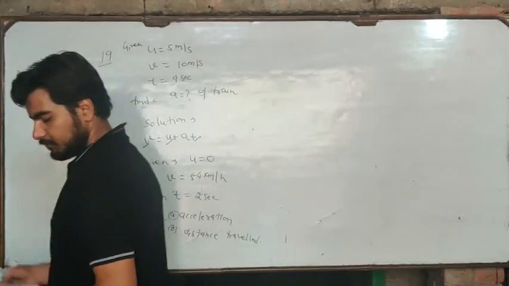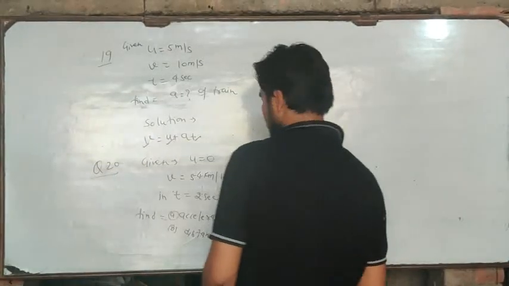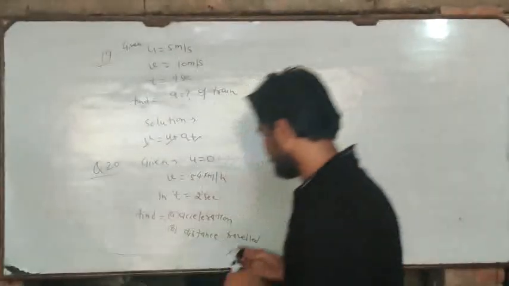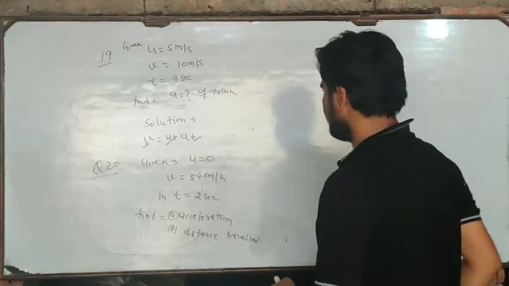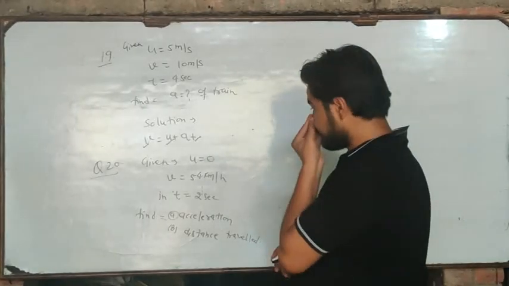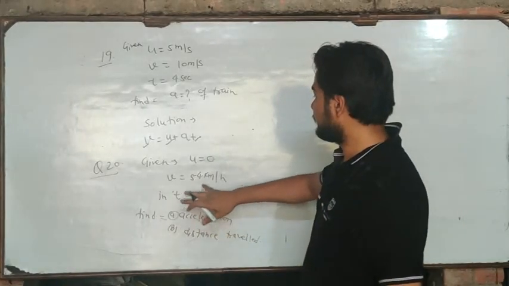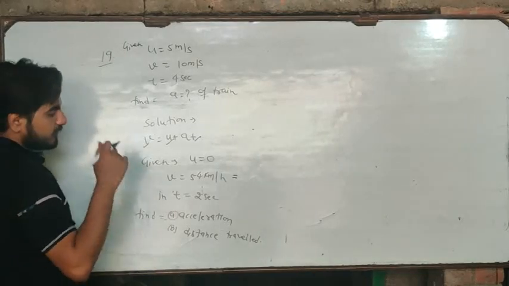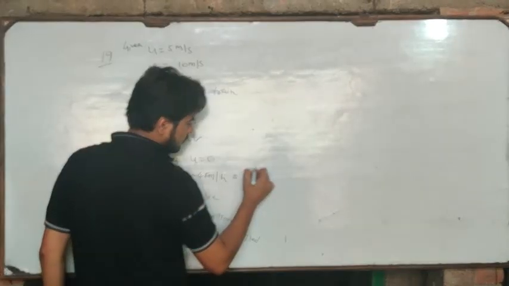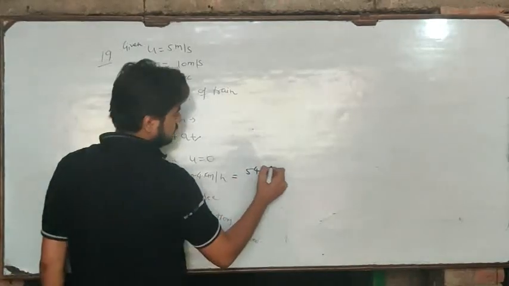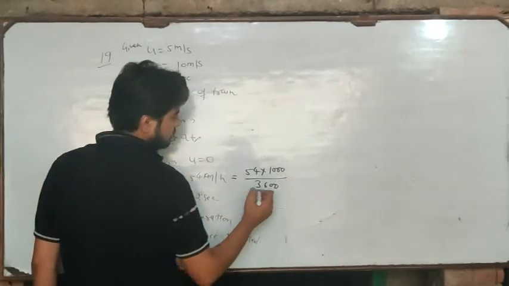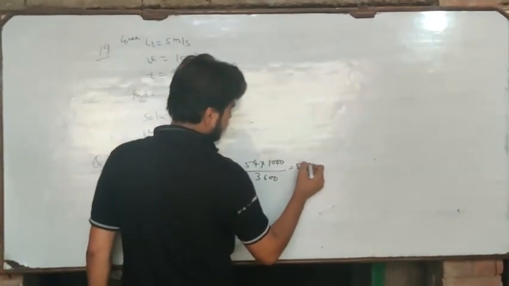In this question, first we have 54 km per hour. We will change it into meter per second. 54 into, we change kilometer into meter, hours into seconds, 3600, so this is equal to 54 into 5 by 18.